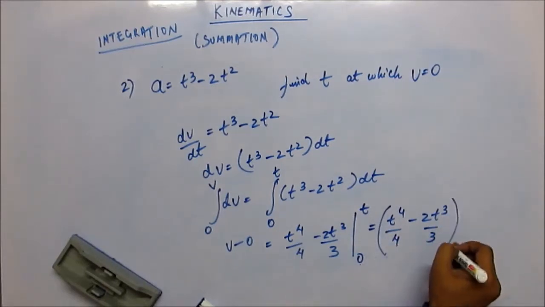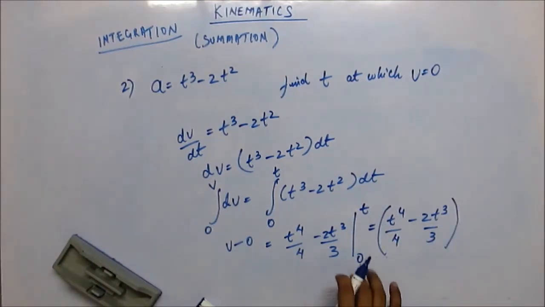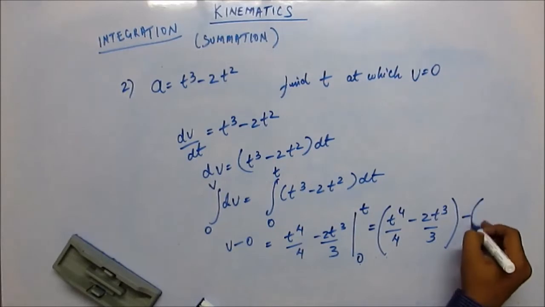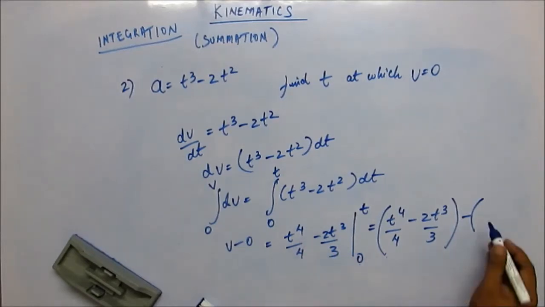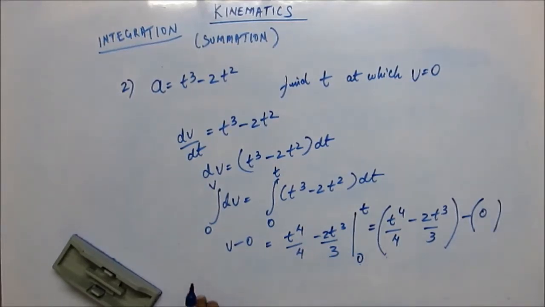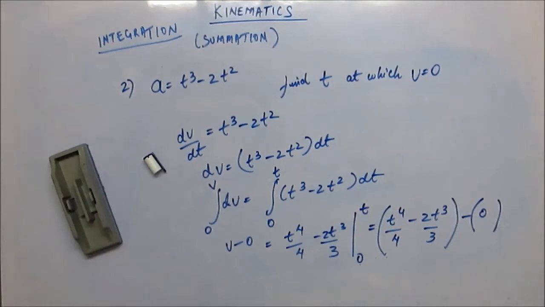This is when we have put the upper value in the upper limit, minus, and now we replace the variable with 0. Now when we do that, the entire thing becomes 0 minus 0. This is how we integrate with proper limits. Now this thing is simply velocity: t to the power 4 by 4 minus 2t cube by 3. This is velocity.